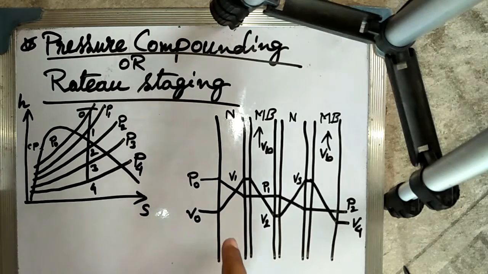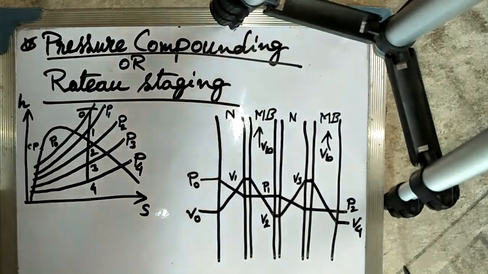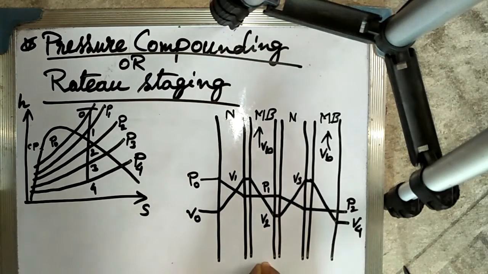This one is the nozzle, this is the moving blade, again the nozzle and moving blade; these are the stages. In this figure two stages are shown. One stage corresponds to one nozzle with one moving blade. The second stage is one nozzle and then another moving blade.